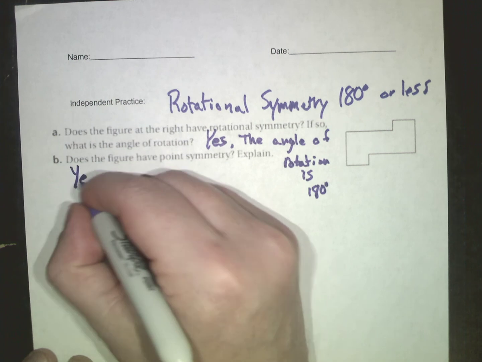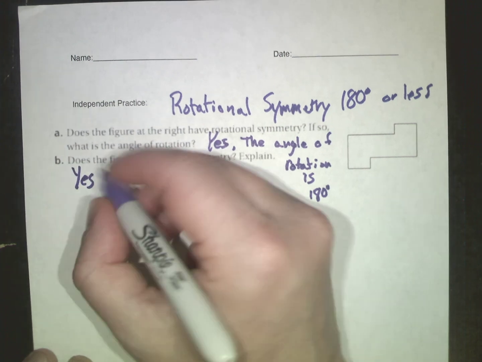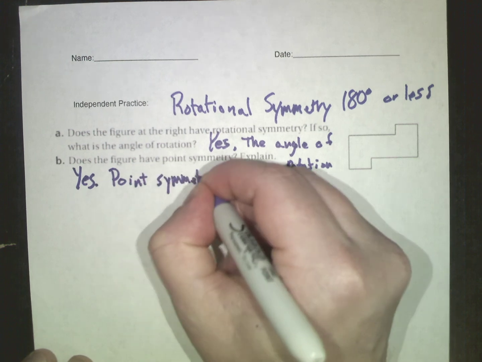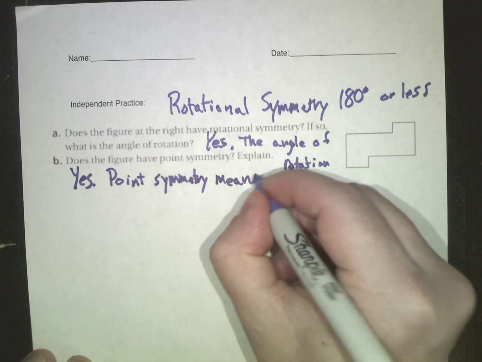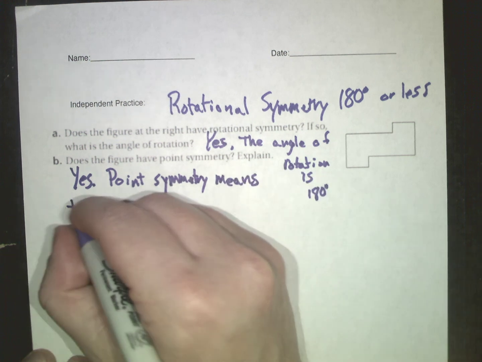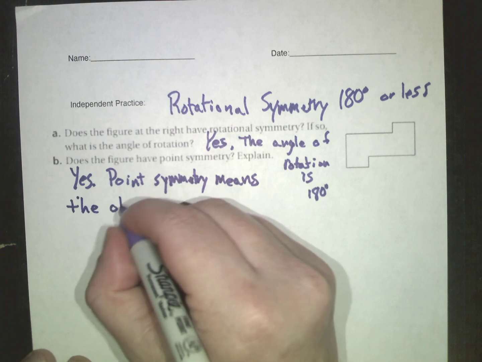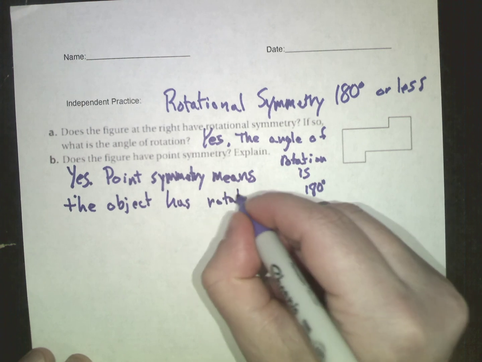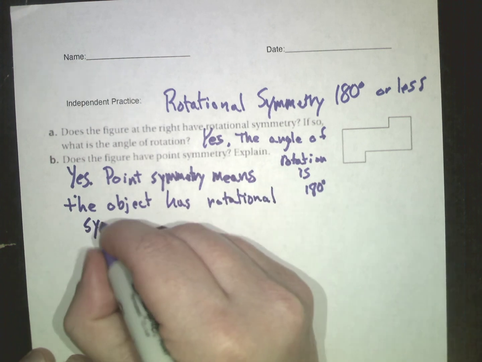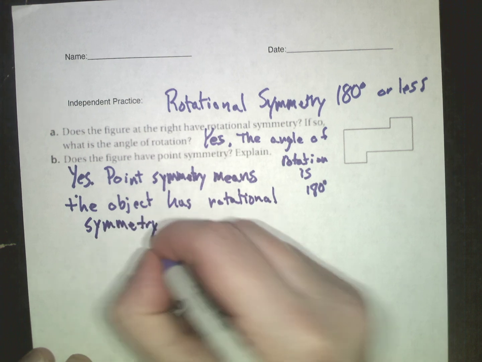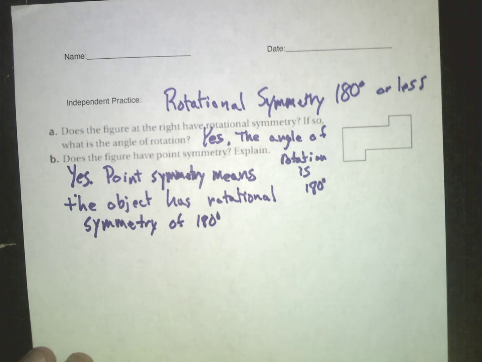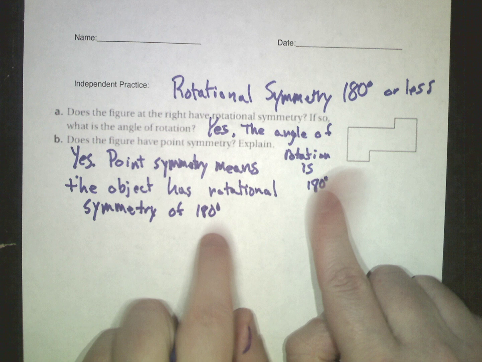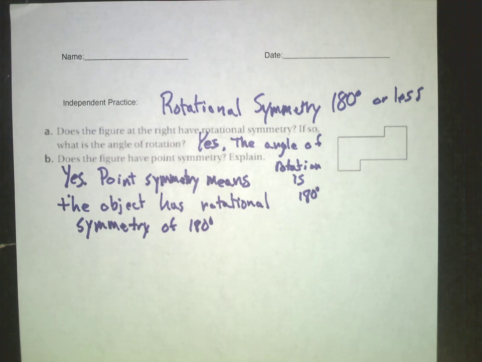We say yes, because as we said, point symmetry means the object has rotational symmetry of 180 degrees, which ours does. Now, if it was 90 degrees, it wouldn't have point symmetry. But because it's 180, it's just a definition. They call it point symmetry.